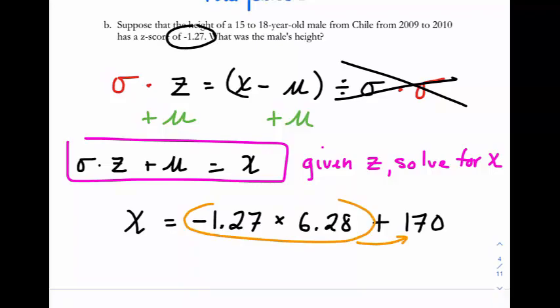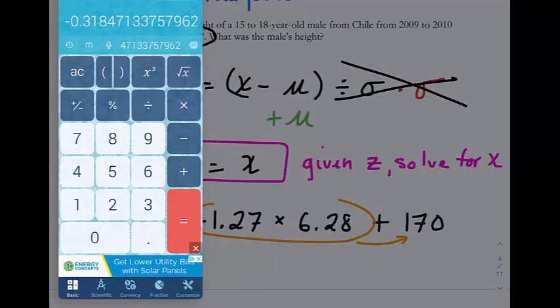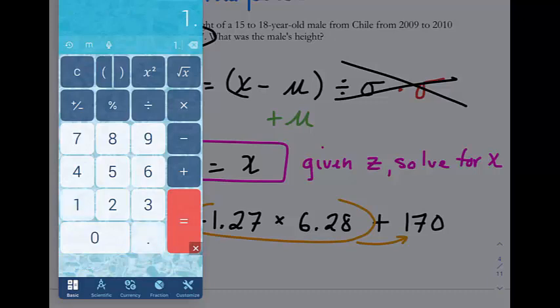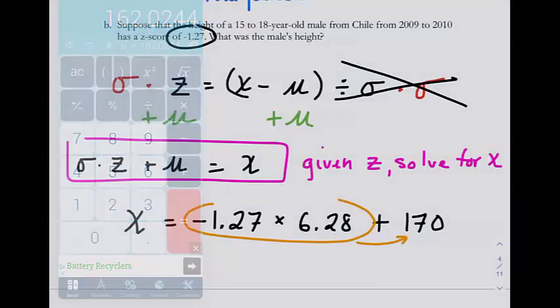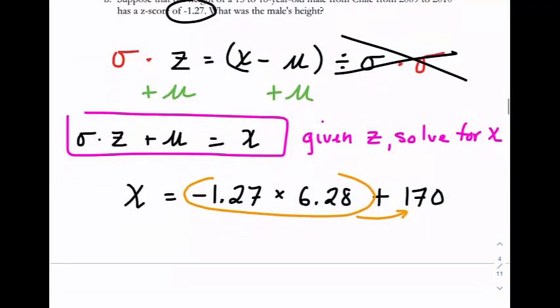So let's do that. Take the negative 1.27, multiply that times 6.28, and then plus the 170, and we get 162.02 centimeters.